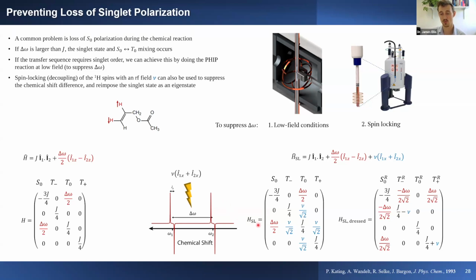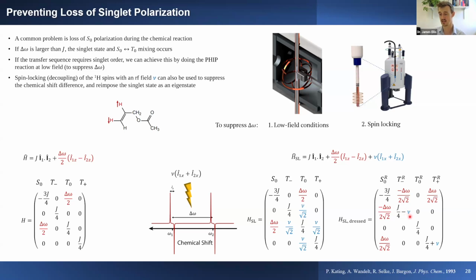So if we look at the Hamiltonian under spin locking, this is very similar to our SLIC pulse, except now these terms nu are much larger. They're not some small value like 10 hertz, but we can just apply a strong transverse field. So if we write this Hamiltonian in the dressed state basis, we've seen this on a previous slide, except now we're setting nu to a very large value.